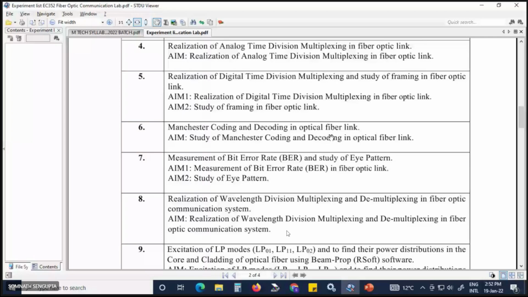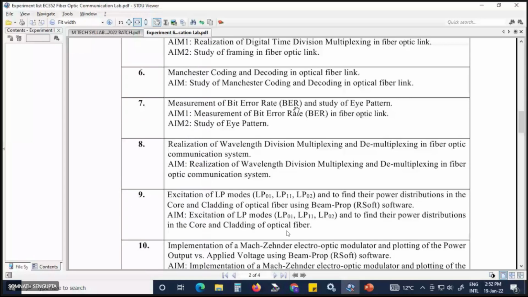We'll see how Manchester coding is performed, what the transmitter and receiver circuit is, and how coding is implemented. Then the seventh experiment is related to measurement of bit error rate and study of eye pattern in fiber optic link.